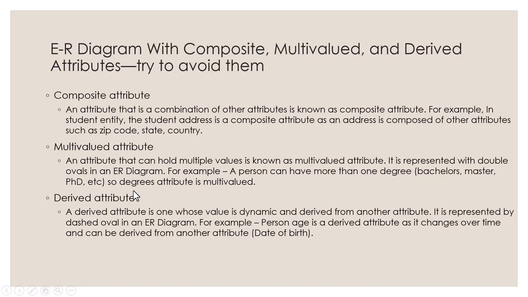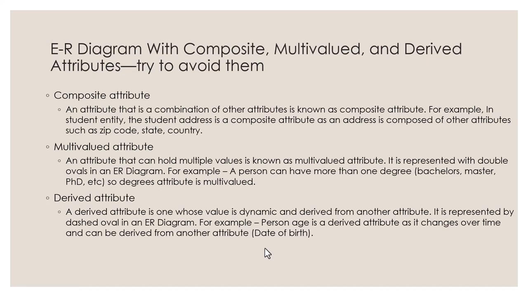Derived attribute, I don't know if you remember, but this was in the example we went over last week. This is where the value of this attribute could be derived or calculated using other attributes. If you know a person's date of birth, you should be able to derive their age, right?